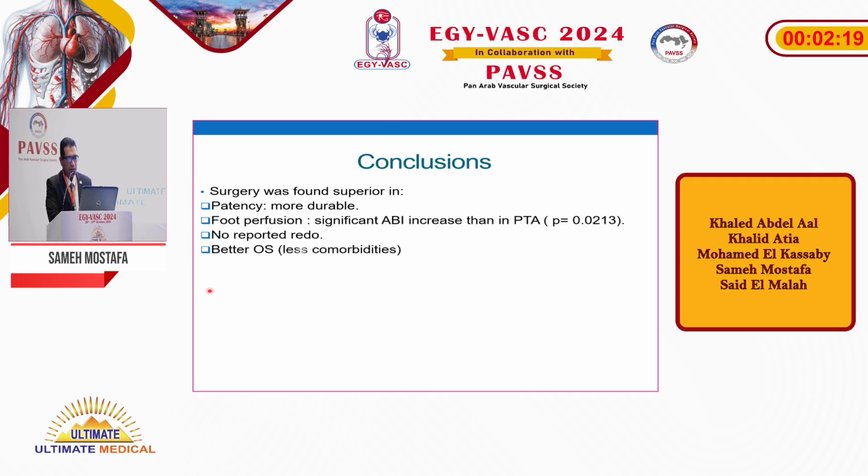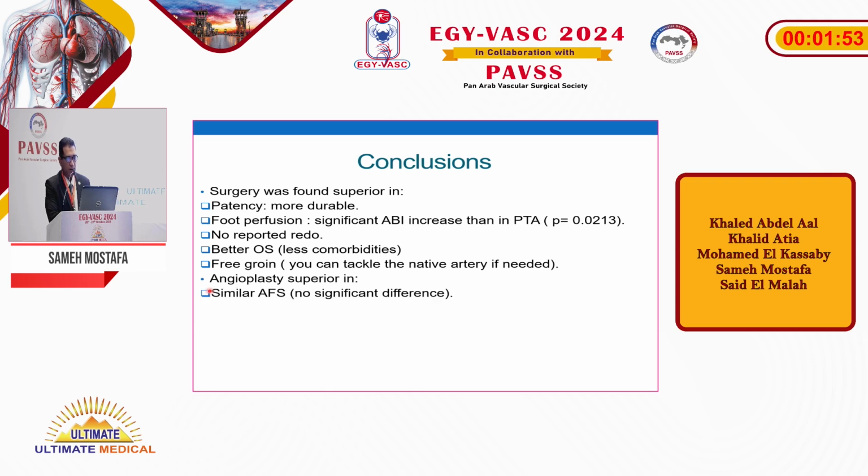No reported redo, and better overall survival, because we carefully choose the patient, young and fit, with good health and limited tibial disease, so it's logical to have a better overall survival. The free groin in the surgery group was due to the use of the popliteal artery as an inflow instead of the common femoral artery. Angioplasty was similar to surgery in amputation-free survival, with no significant difference.